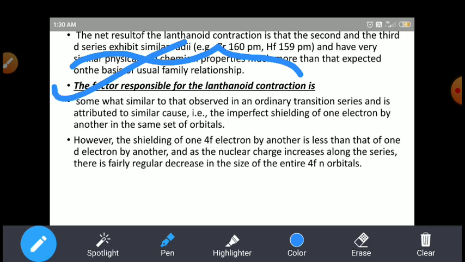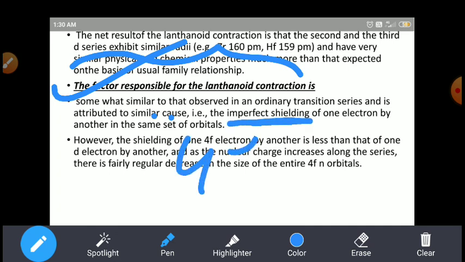So what factors are responsible for the lanthanide contraction? The first factor is the transition series, attributed to a similar cause, that is imperfect shielding.